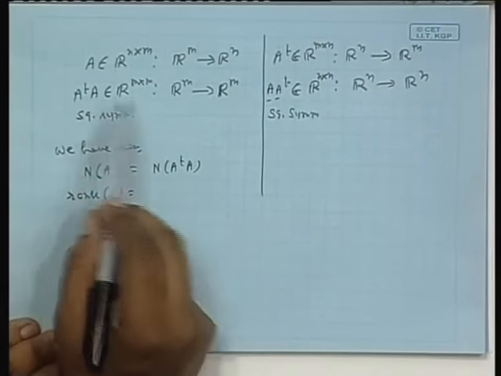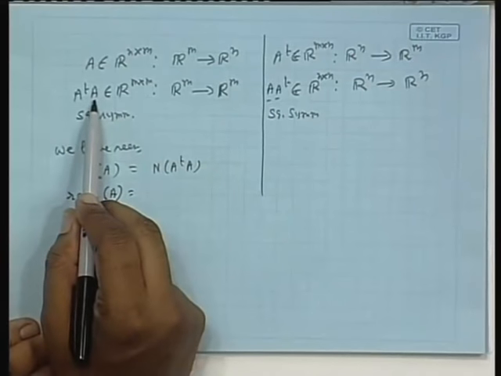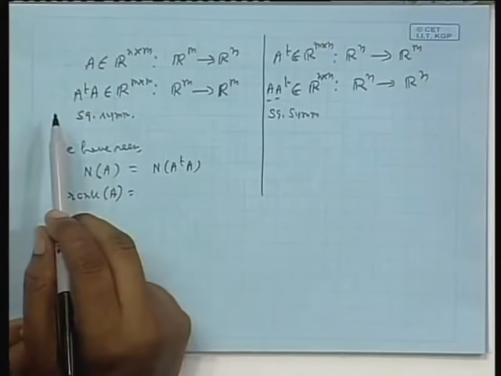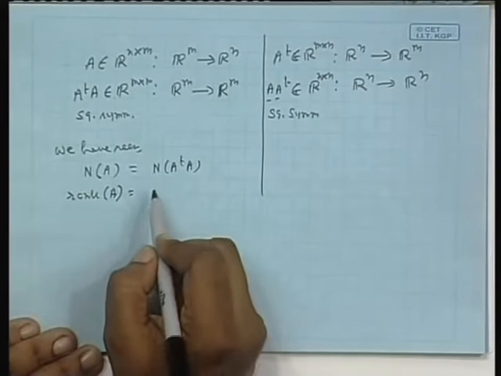So rank of A transpose A is m minus nullity of A transpose A, but the null spaces of A transpose A and A are the same. So they have the same dimension, the same nullity. Therefore, the two ranks are the same.